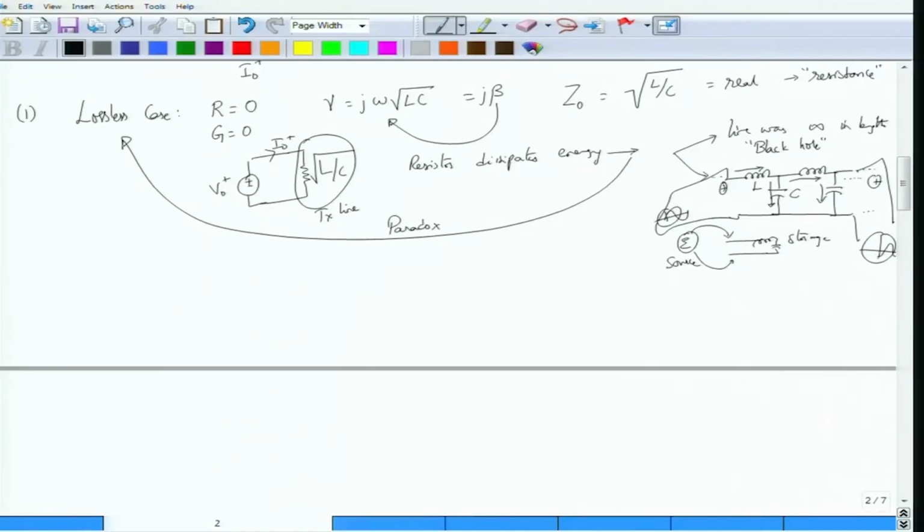Now that we have seen this lossless case, let us look at a slightly more realistic case.